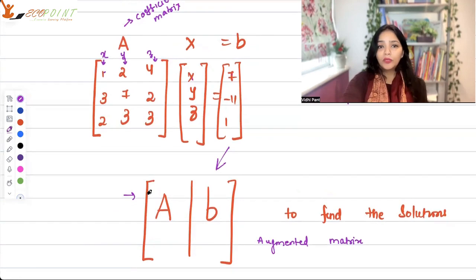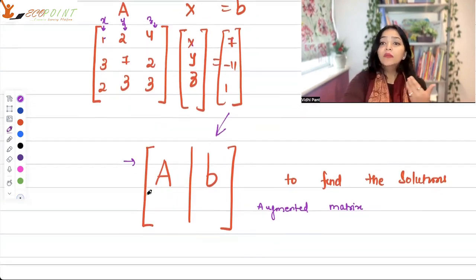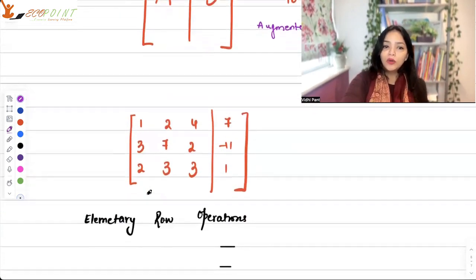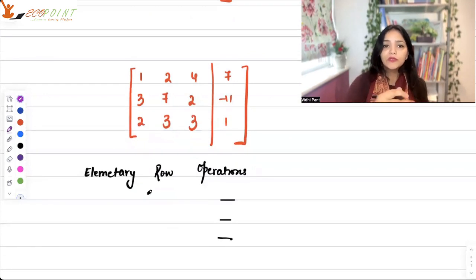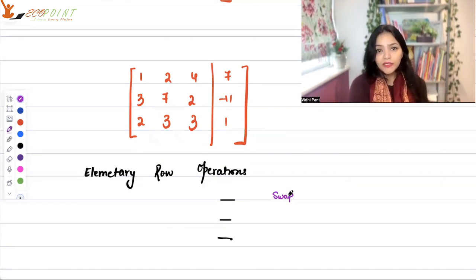Now, when I say operations, what do I mean? There are some row operations. What are the elementary row operations? You can swap any two rows. When you're swapping, just be careful: if you swap on the left hand side, you have to swap on the right hand side. Otherwise, it destroys the given equations, right?